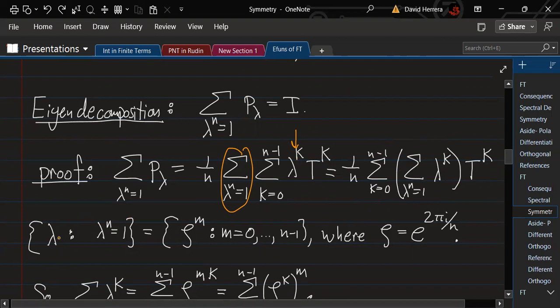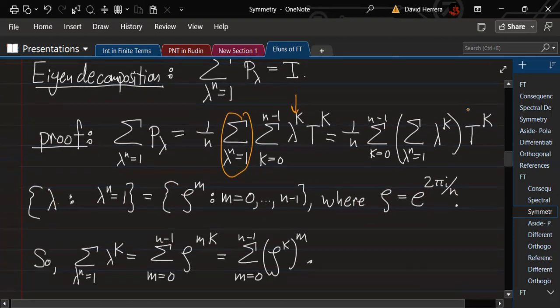The set of lambda where lambda to the n equals 1, these are all the things that have nth power equal to 1, the nth roots of unity. These are the same thing as the nth powers of zeta, which is e to the 2 pi i over n. This is the principal nth root of unity, and the n powers of it are all the things that have nth power 1. So I could rewrite this sum in terms of zeta.